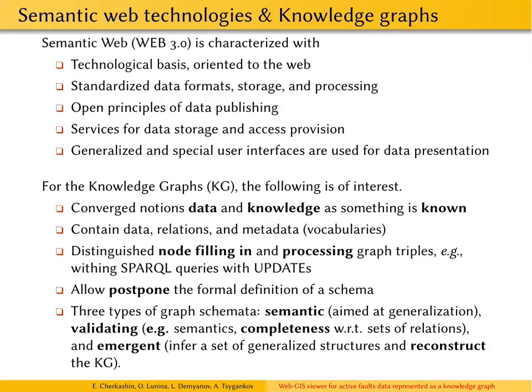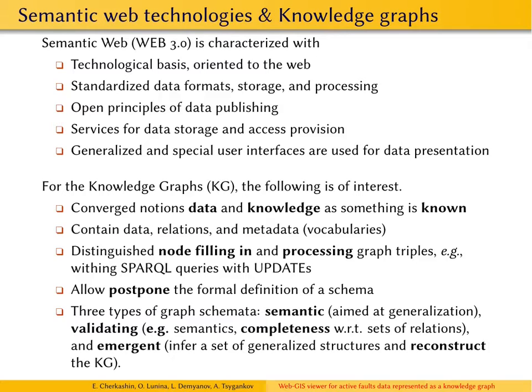These technologies allow us to integrate different software on the internet, and utilizing knowledge graph technologies allows us to store not only data but also metadata. We can develop software for publishing and processing at the same time. Using knowledge graphs allows us to postpone formal definition of the scheme of data.